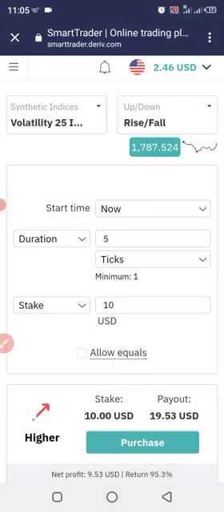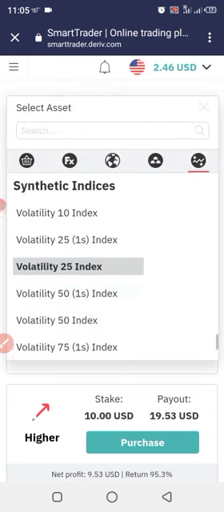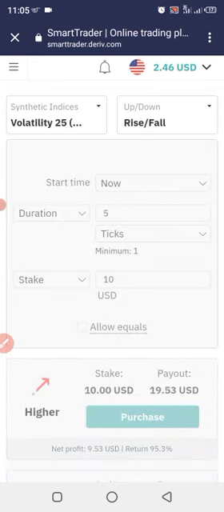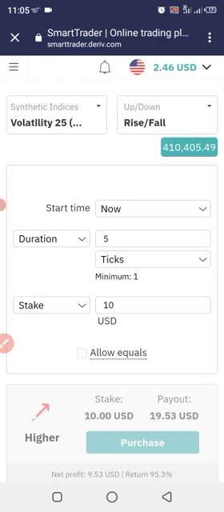I want you to see the equity I have in my window. The equity is saying 2.46. I think I just bought one now, but it's still not clear.